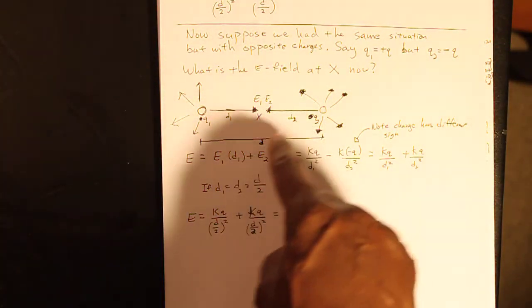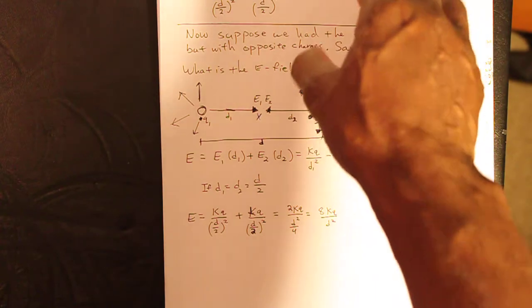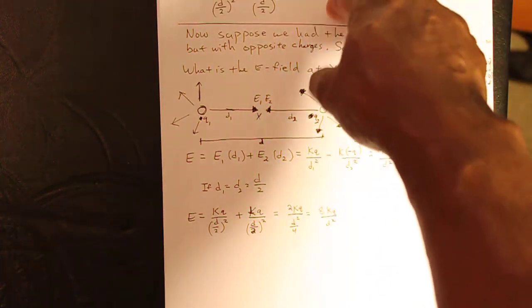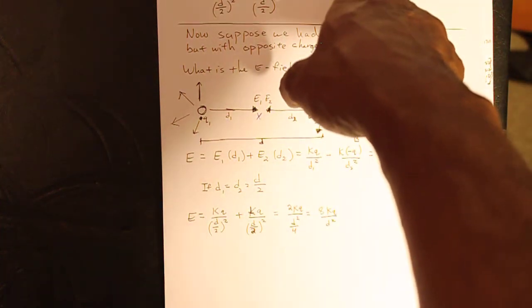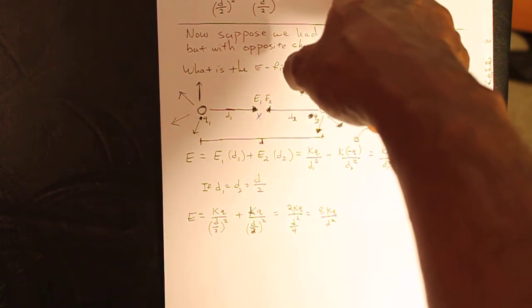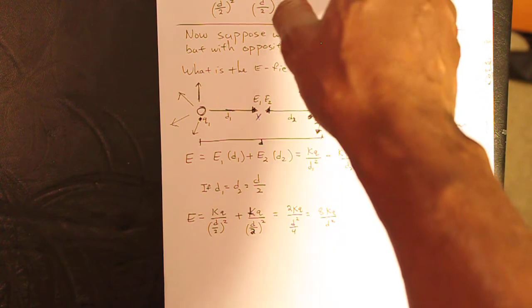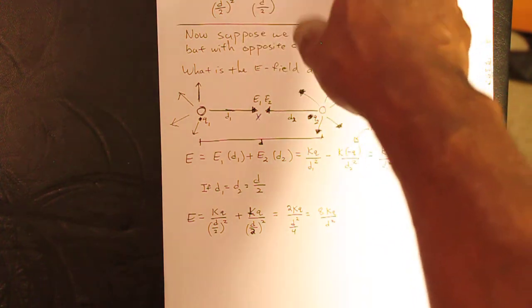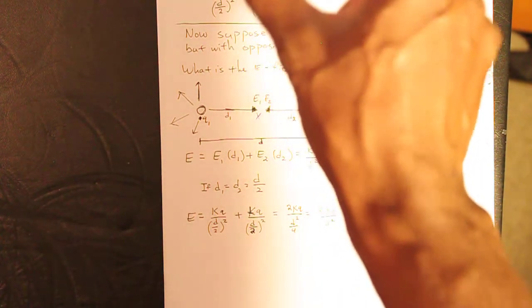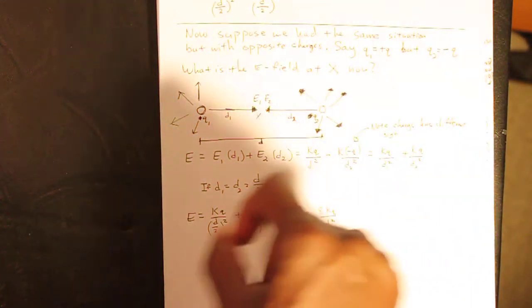What you do is decide where you want to find the electric field among the particles, then measure the distance of each particle from that point, and calculate the electric field from each particle using those distances. I hope that helps.